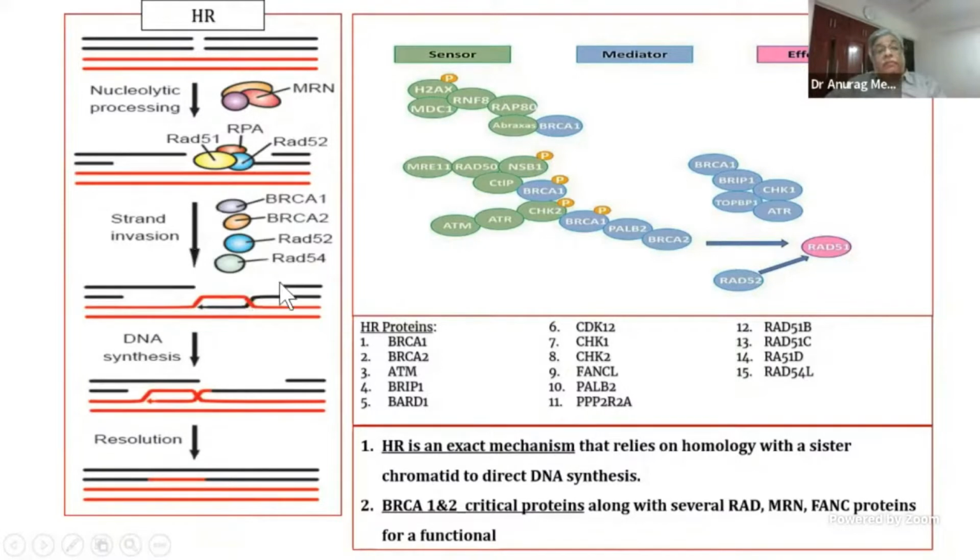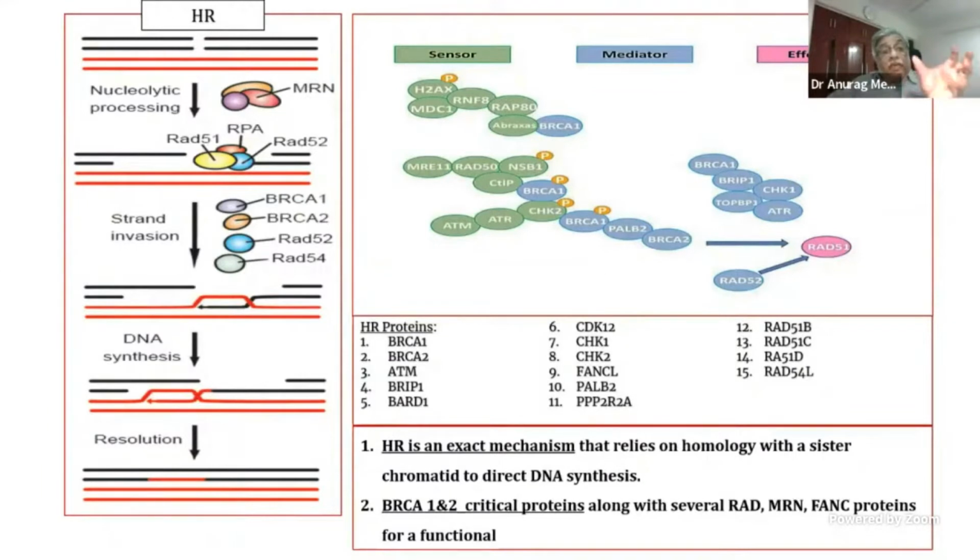These companion proteins finally culminate in bringing in RAD51. RAD51 is the final effector protein. It is a filamentous protein. It coats the overhangs and then invades the sister chromatid where the homologous strand lies.